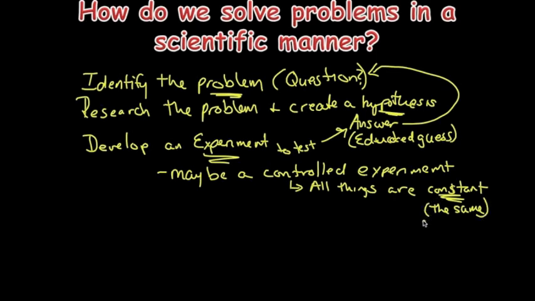So all things in a controlled experiment are constant, the same, except one. And that one thing is what we call a variable. Okay? So you're going to see that word over and over throughout the year too. So you might want to make note of that: the one thing that changes in a controlled experiment is called the variable. Okay?